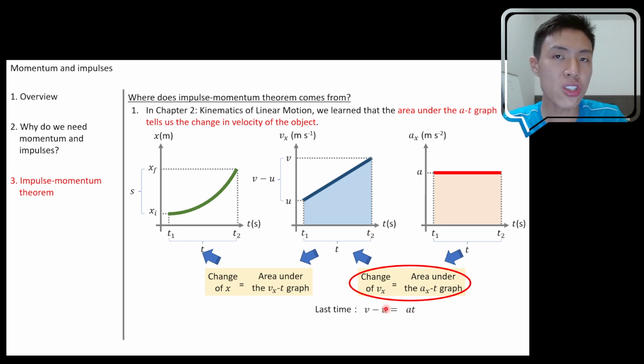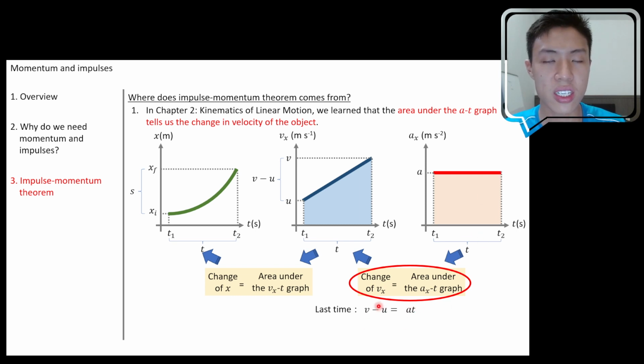But now, let me generalize this equation to situations where the acceleration is not constant. Right now the acceleration is constant, that's why we get v equals u plus at. But when the acceleration is not constant, this will not be a straight horizontal line anymore. From mathematics, gradient is differentiation, whereas area under the graph is integration.